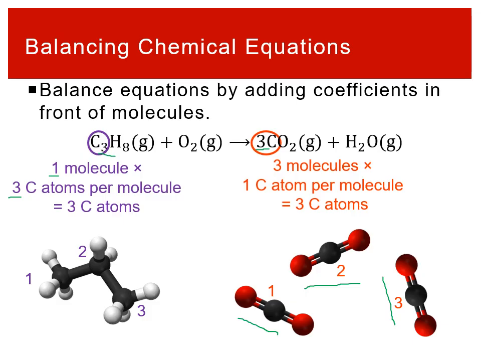Now on the product side, for CO2, because each molecule only has 1 carbon, what functionally happens is you make more than 1 molecule. You make 3 molecules that each still has the 1 carbon atom. But that gives you a total of 3 carbon atoms. Again, the chemical reaction doesn't change the number of carbon atoms, it just changes their chemical bonds.